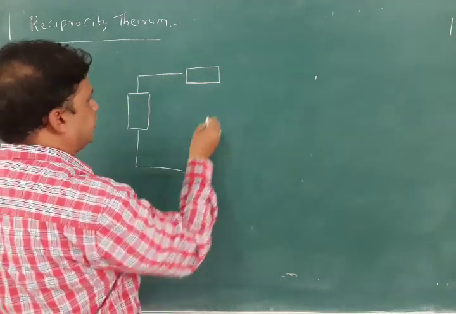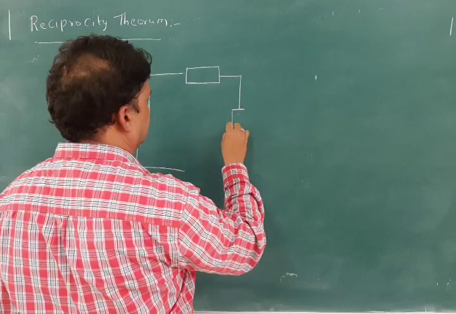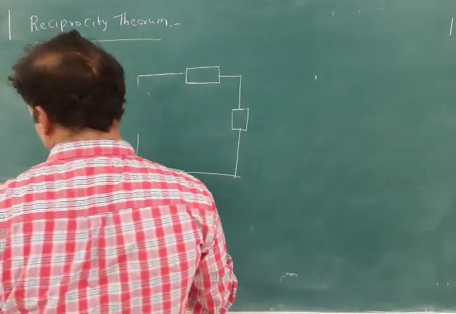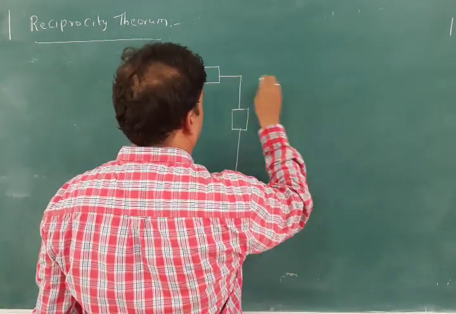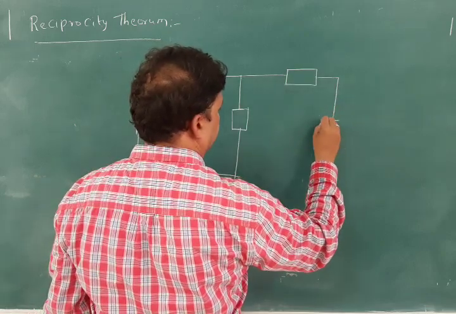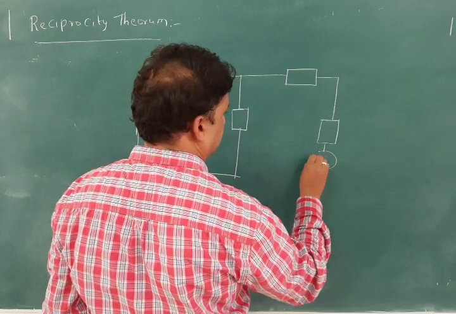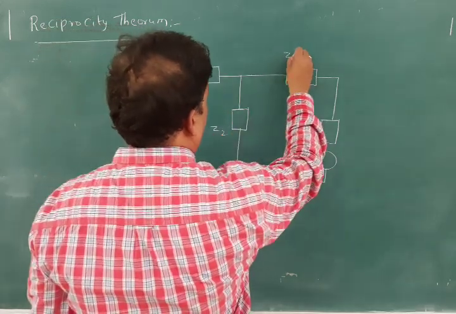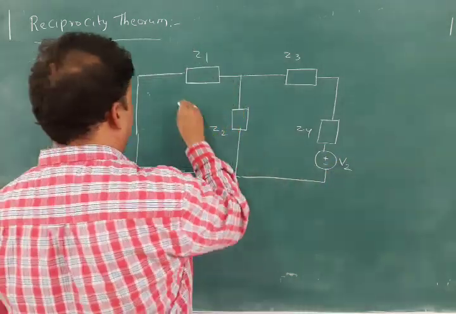Now we will just shift it. This is Z1, Z2, Z3 and Z4, plus minus. This is V2 and here it is I1.